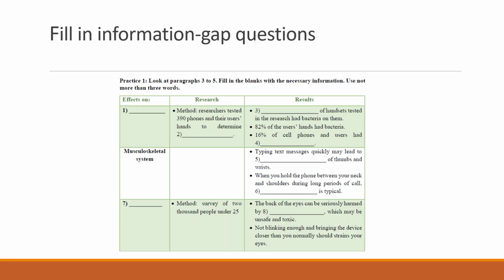You will also need paraphrasing skills in order to fill in information gap questions. This practice is also taken from reading strategies, and as you can see, the sentences provided here are the paraphrase versions of the sentences in the reading text. In order to answer information gap questions, you need to find the relevant information in the reading text and fill in the gaps accordingly.